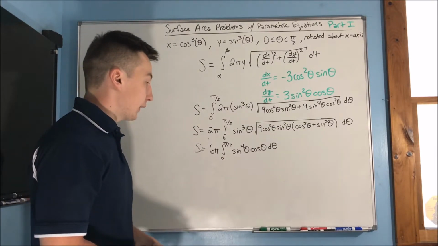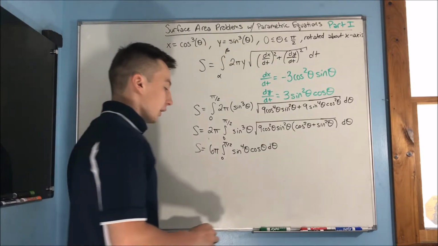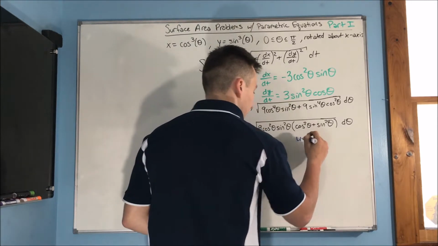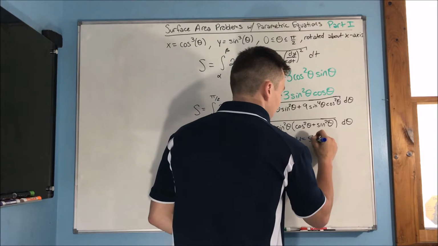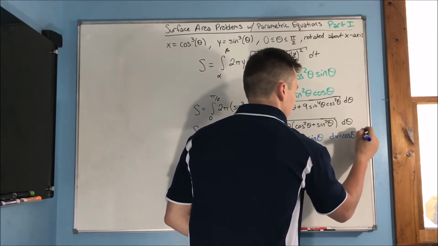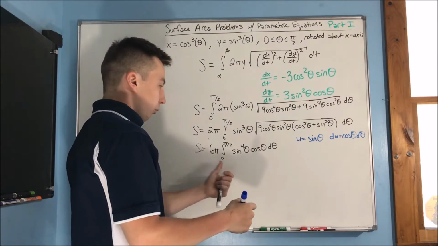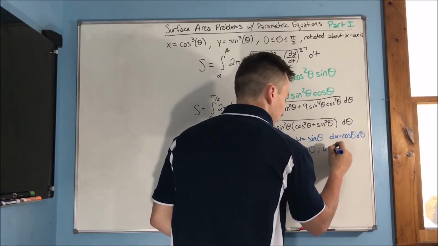So now, how do we solve this integral? Well, this is just a trig integral, right? So we take our u substitution. u is going to equal sine of theta, right? u equals sine theta, so du equals cosine theta d theta. Alright, well, when theta equals 0, u is going to equal 0, right?